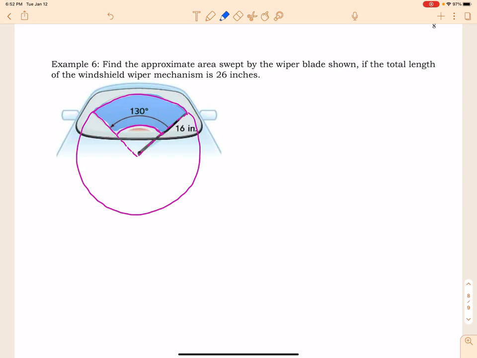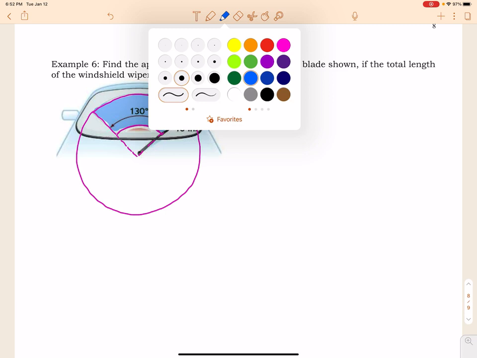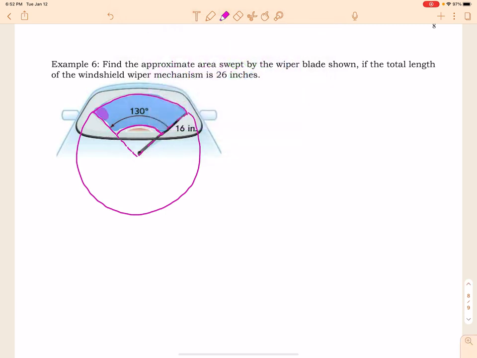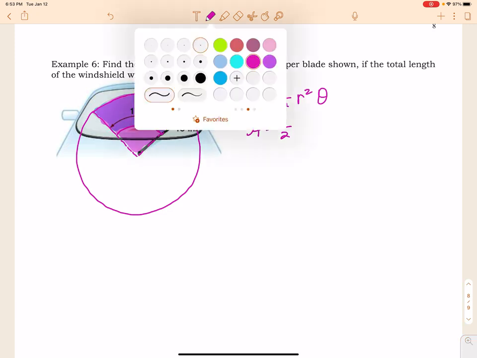The way we're going to start is by finding the area of this whole sector, just like we would have in the previous questions. Remember the area formula for a sector: it is 1/2 times radius squared times our central angle. So I need r squared, so I need this distance right here.